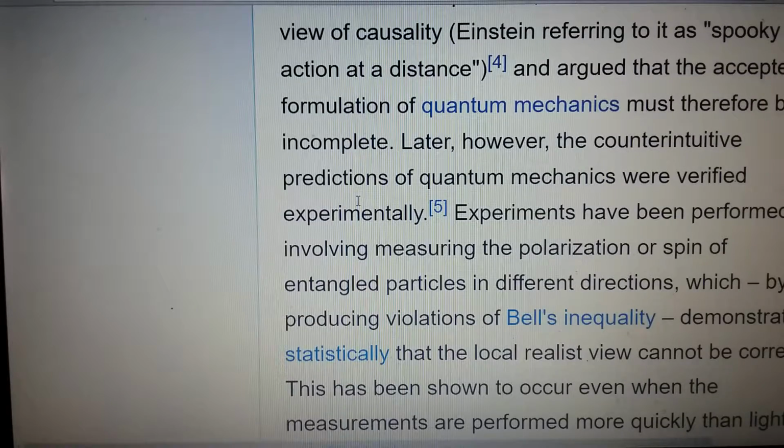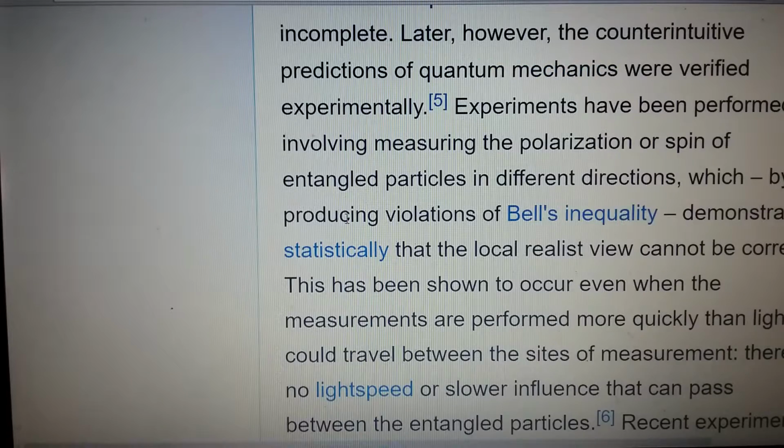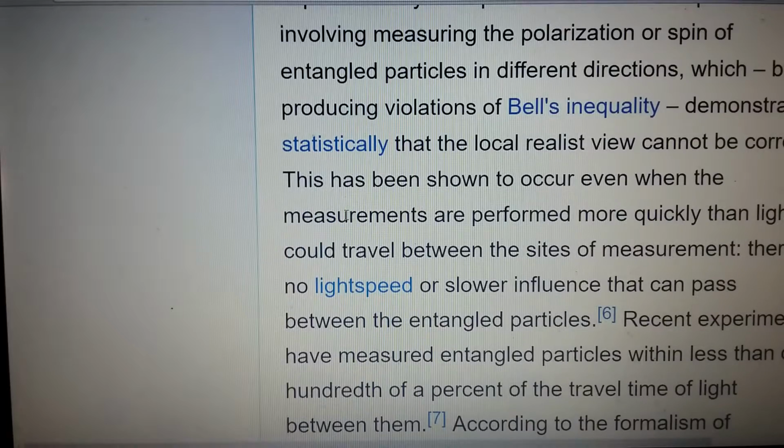Experiments have been performed involving measuring the polarization or spin of entangled particles in different directions, which, by producing violation of Bell's inequality, demonstrates statistically that the local realist view cannot be correct. This has been shown to occur even when the measurements are performed more quickly than light could travel between the sites of measurement.